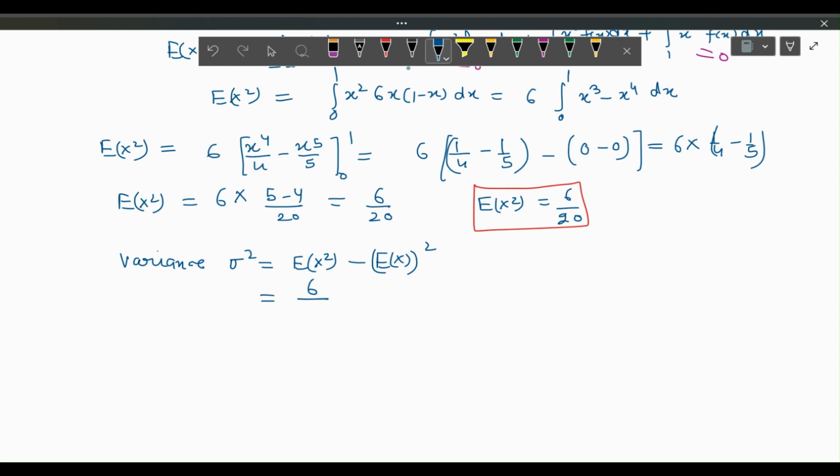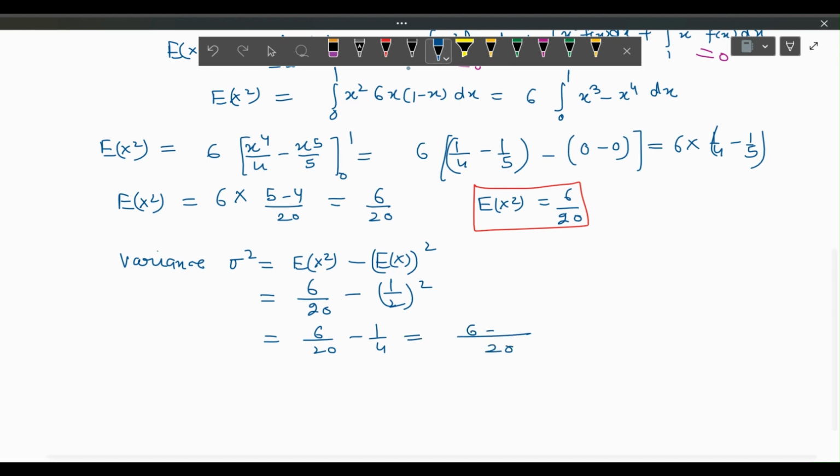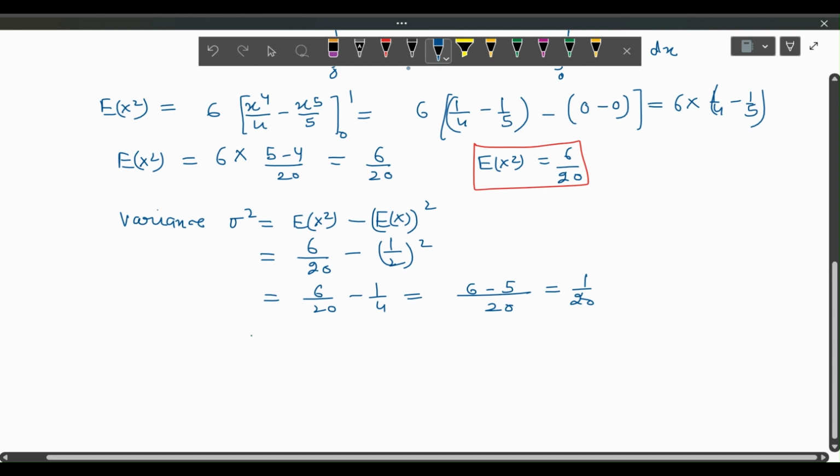It will be 6 by 20, and the value of E of x is half, squared, so minus 1 by 4. Taking LCM, which is 20, it will be 6 minus 5, over 20. So it will be 1 over 20. So the variance of the distribution, sigma square, is 1 divided by 20. So this is our variance.